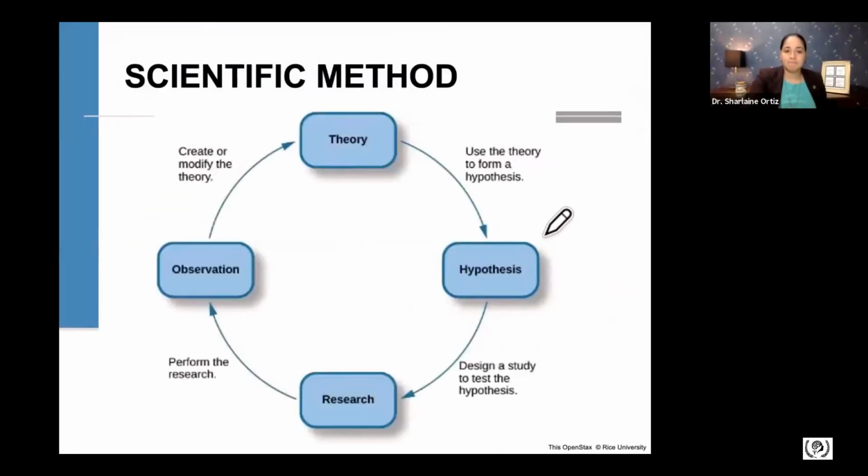Now, importantly, something about the scientific method is that the scientific method is a process. It's actually a set of steps that must be conducted in order to test the information that we are looking for, to see whether or not this information is accurate.